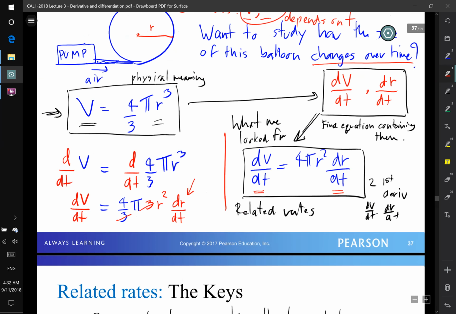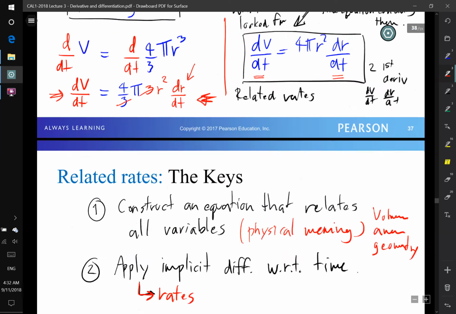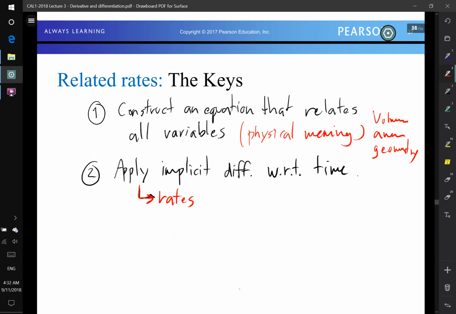Just like above, starting from this physical meaning, once we apply implicit differentiation, we get these two rates from the process. So apply implicit differentiation, you get the rates, and then maybe you need to rearrange equations if needed.